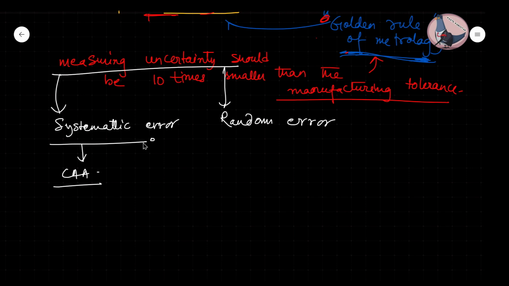You know the reason for it. Once you know the reason, you can correct them automatically, and that is called CAA, computer aided accuracy. The random error cannot be corrected. You have no option for it. It will always come and you cannot correct it, and because of this only, the 10 times factor is taken for the uncertainty. Okay, so that is the point.